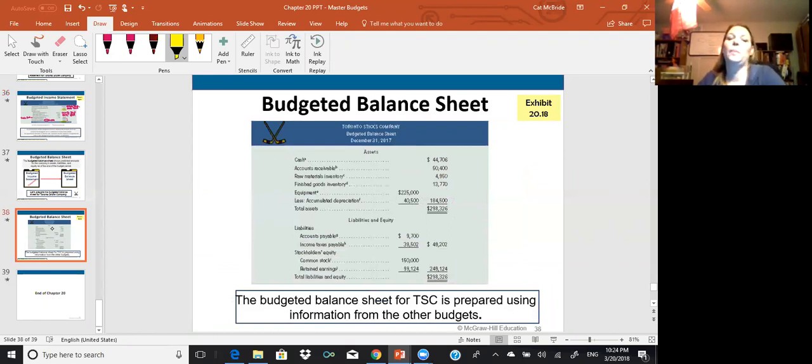It's actually easier. So the cash comes from our cash budget, obviously. The accounts receivable comes from our purchases budget, because that's where we purchase supplies, and half of them or all of them we pay next month. And oh, sorry, I have it mixed up.